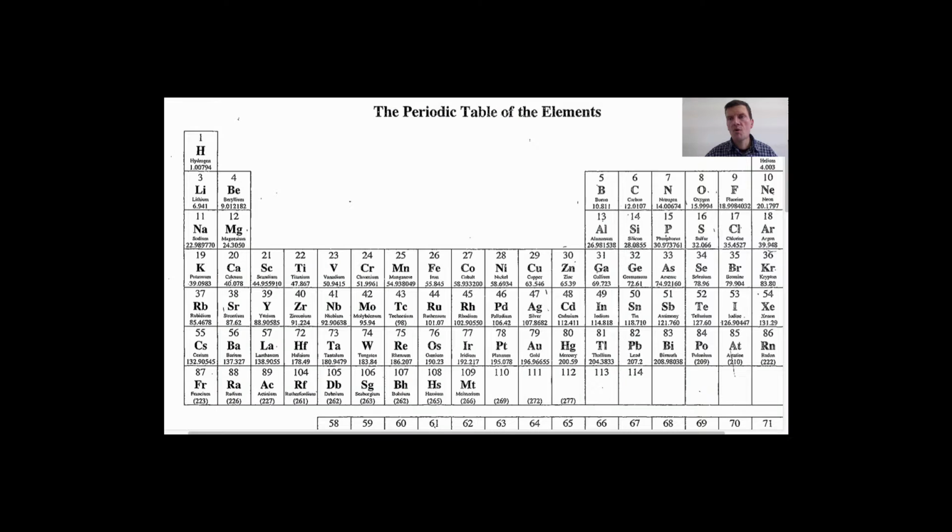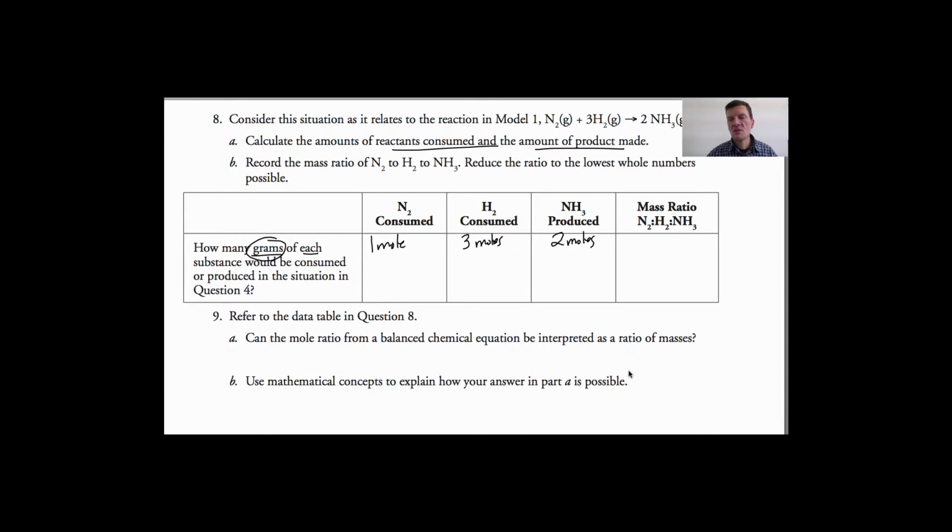Remember, the molar mass you find straight from the periodic table. Here's nitrogen, 14. But it's not just nitrogen, it's N2. So N2 is going to have a molar mass of 28. So if you have 1 mole times 28 grams per mole, that means a mole of nitrogen has a mass of 28 grams.